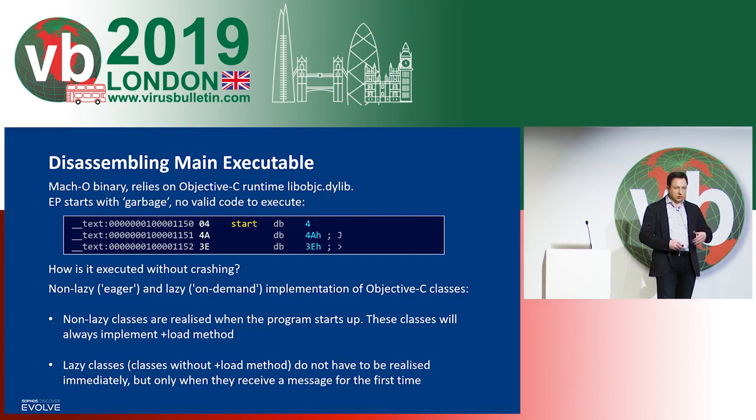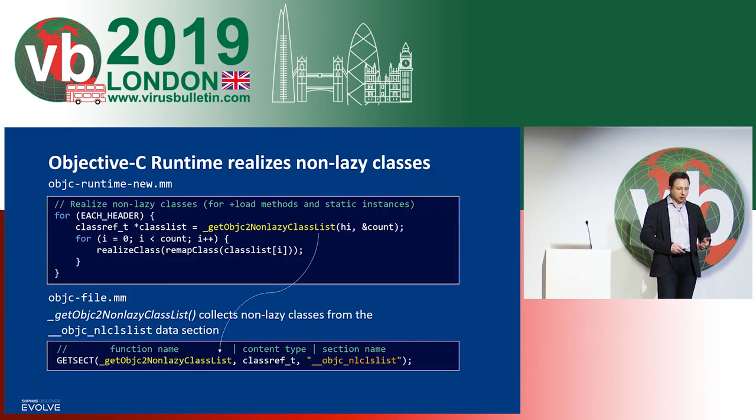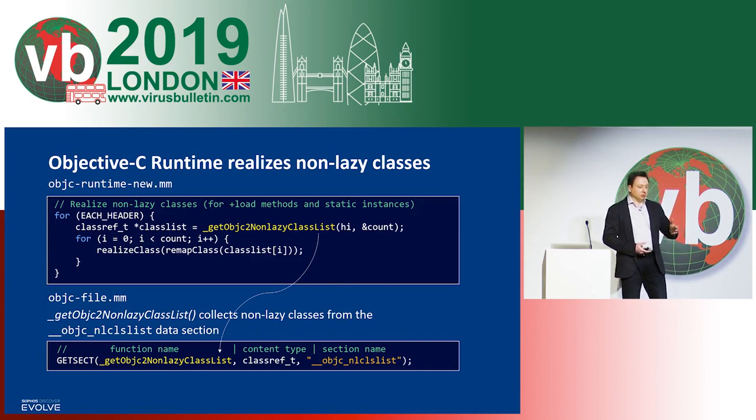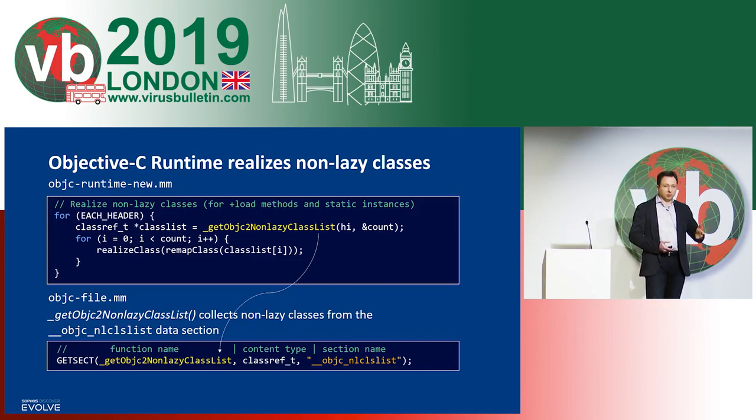Now, let's have a look at the actual source code of the Objective-C runtime. When I did the slides, I saw the source code published by Apple, but then I pulled it and it was not available. I don't know why, but I could still find it in Web Archive. But nonetheless, that's the Objective-C runtime, objc-runtime-new.mm. That's the actual source code.